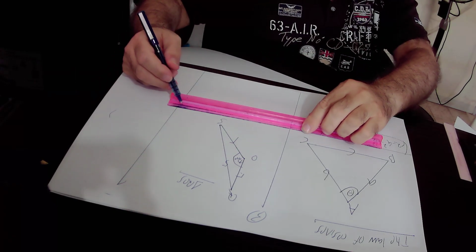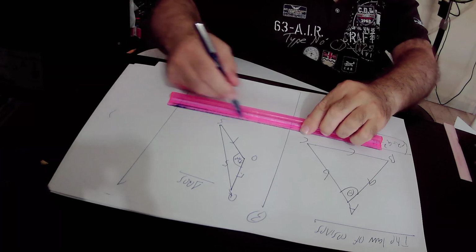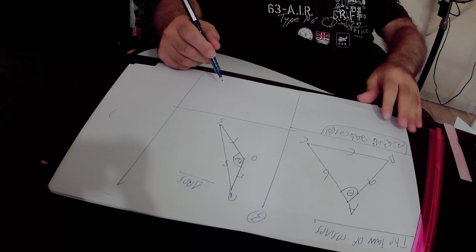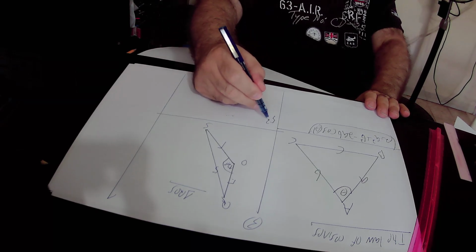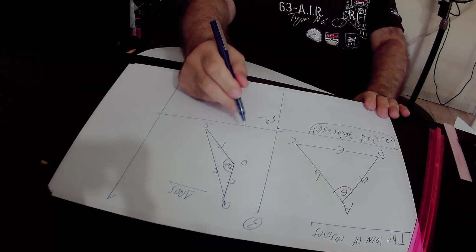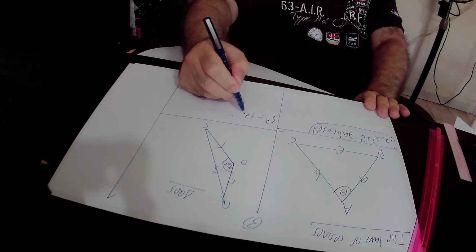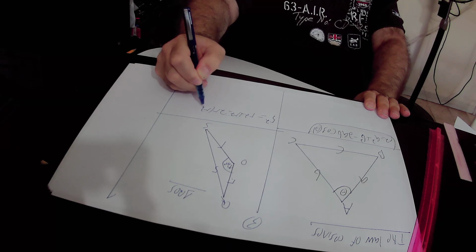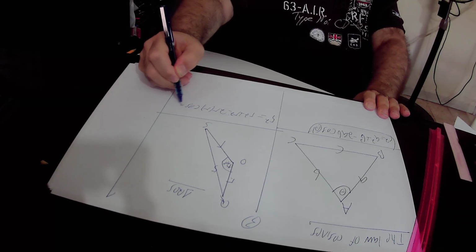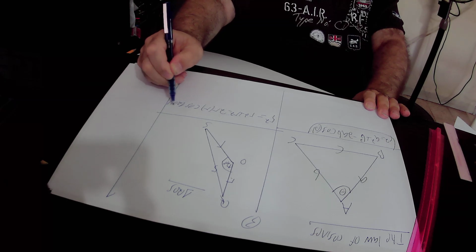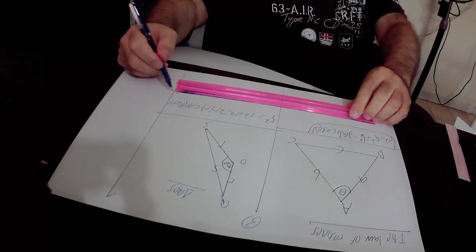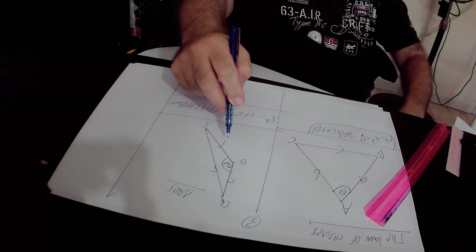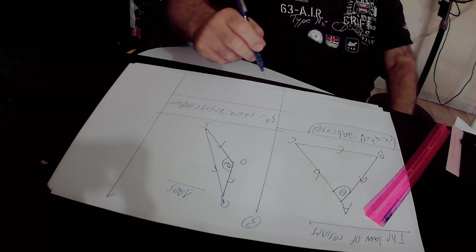So, in this triangle QOS, according to the law of cosines, we get that 5 squared equals R squared plus R squared minus 2 times R times R times cosine 120 degrees.